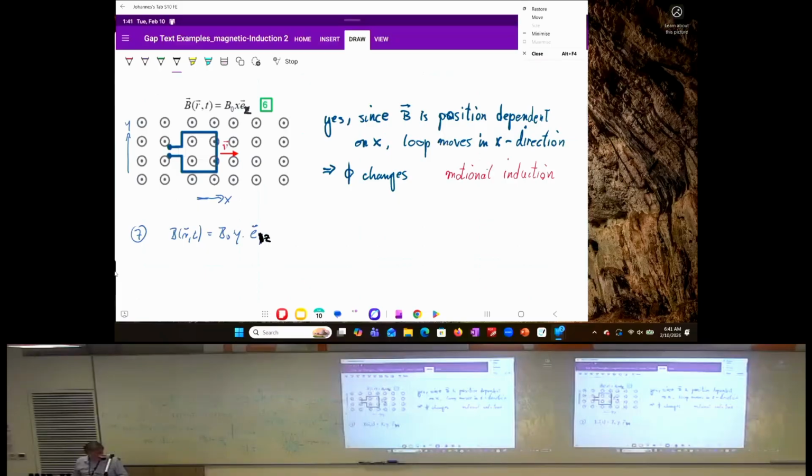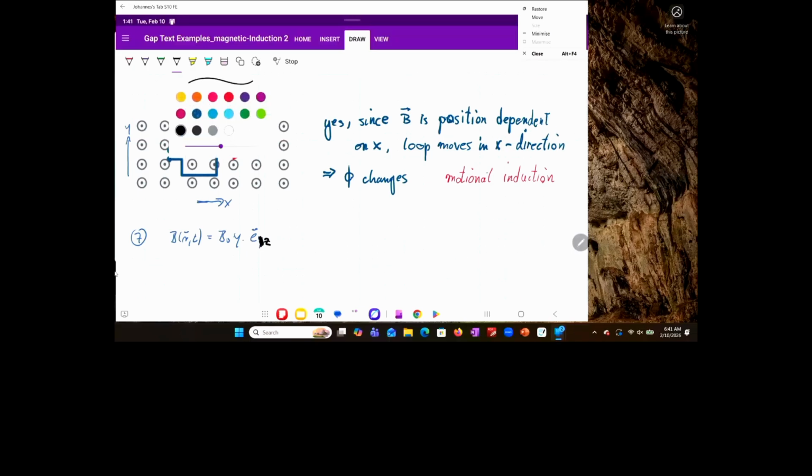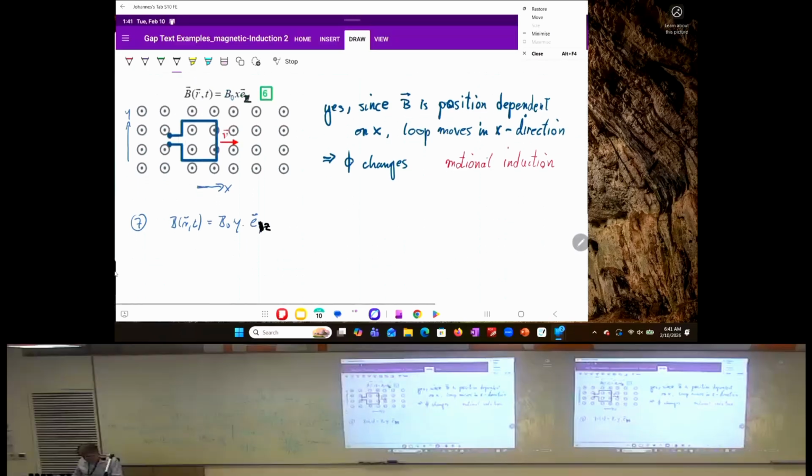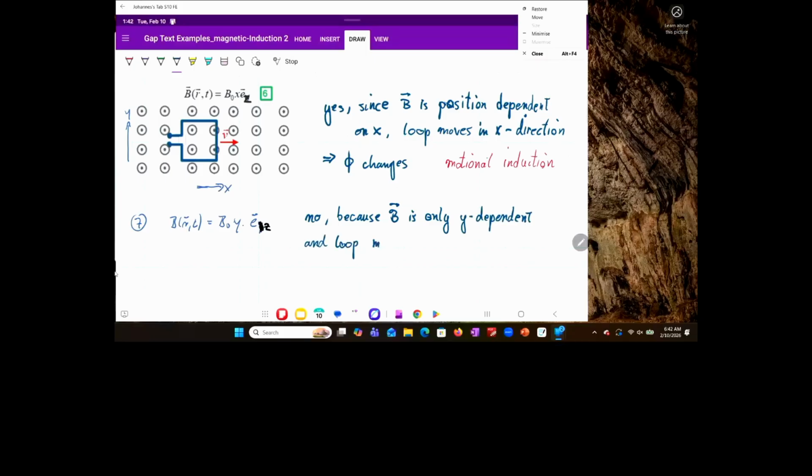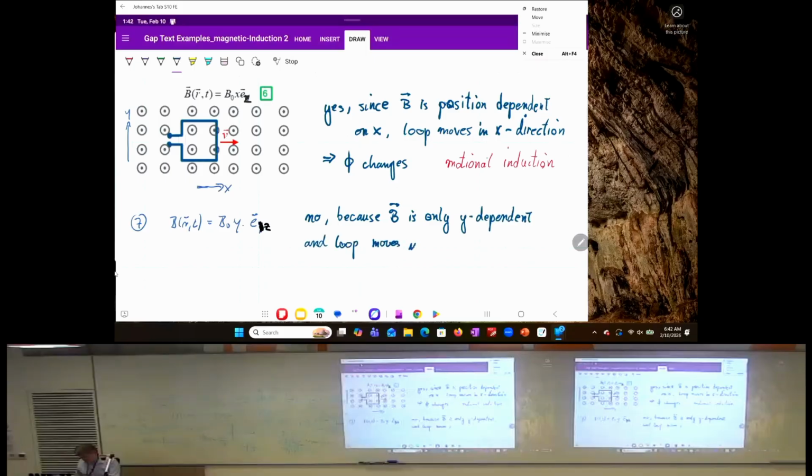So our flux would be constant. The answer is also no, because B is only y dependent and the loop moves in x direction. So phi is constant.